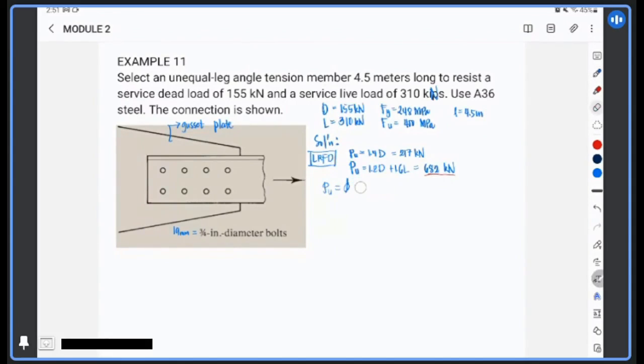First we consider sectional yielding. That is our minimum Ag, from Pu.